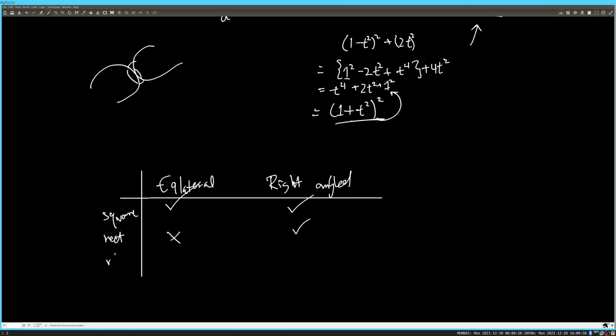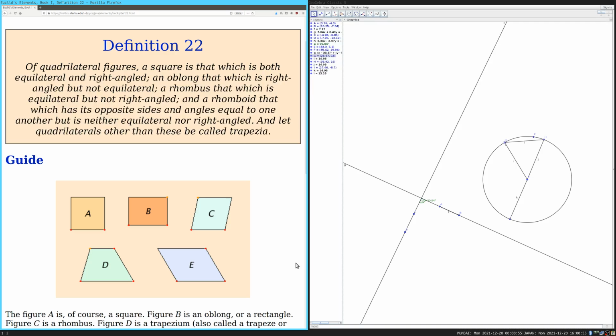A rhombus is equilateral and is not right-angled. A rhomboid has opposite sides and angles equal to one another. So like a parallelogram. Right, okay.